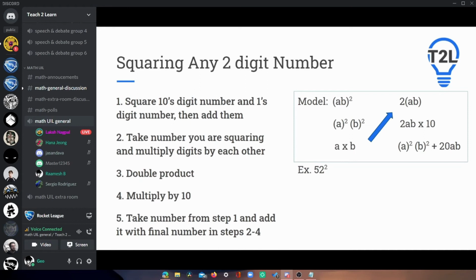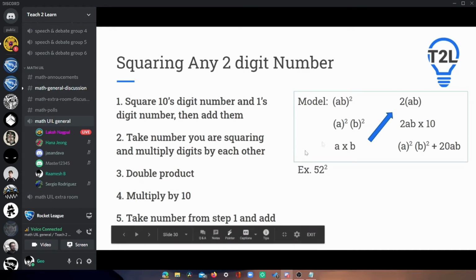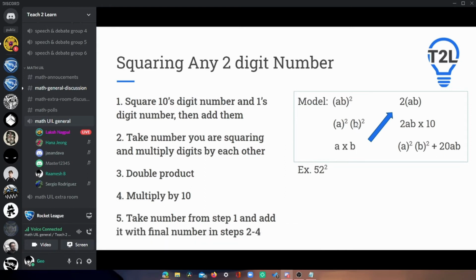So whatever two-digit number you have, let's say AB squared, keep them separate in your mind and just do A squared and B squared. So take the number A squared individually from B. And then keep that number in mind.